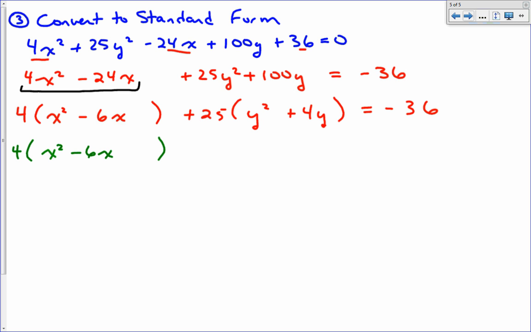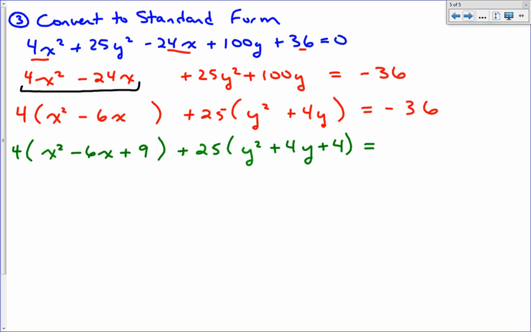Half of 6 is 3, and 3 squared gives me 9, so I'm going to add 9 here. Likewise, for the y's, I've got 25 times y squared plus 4y. What do I need to add to that to make a perfect square? Half of 4 is 2, and 2 squared is 4, so I'm going to add a 4 there.